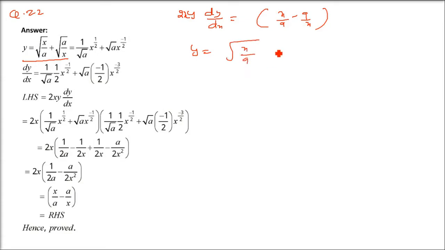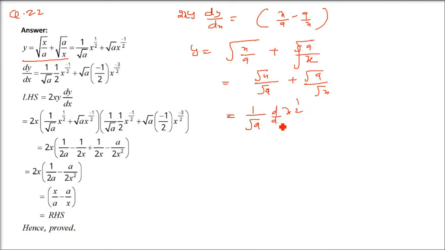Y is equal to under root x by a plus under root a by under root x. Let us take the constant outside so that we can differentiate properly. This can be written as root x by root a plus root a by root x. When we do d by dx, 1 by root a comes outside and this becomes x to the power half. Plus root a, and the under root x is in the denominator, so we take it up as x to the power minus half.